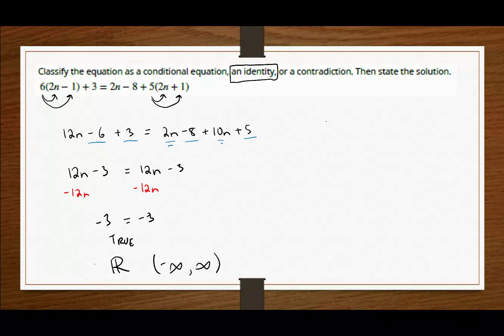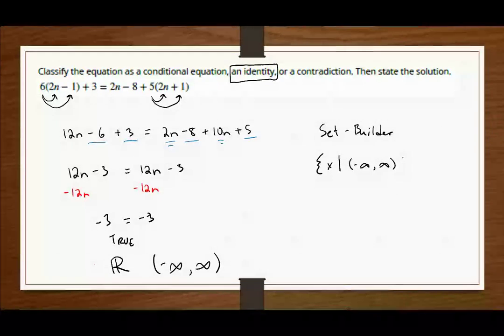Now, one thing I'll add on here is that if I'm going to use the interval notation, it's likely going to be buried into a set builder type bracket system. So we have a curly bracket, we'll declare a variable, we'll say where, with this vertical bar, x is anywhere from negative infinity to positive infinity.